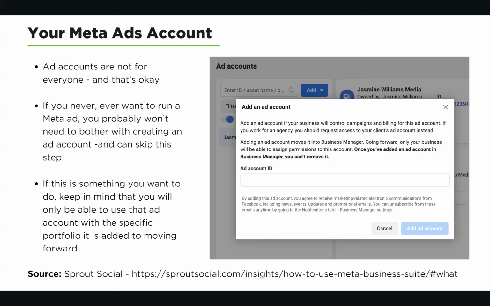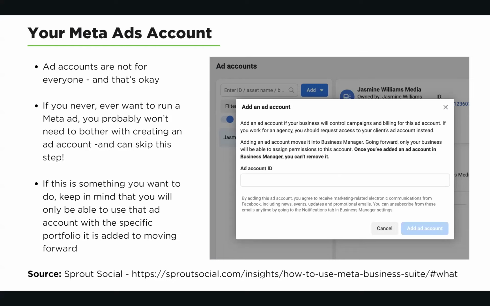It's my understanding that folks have been able to run ads before outside of a business portfolio, and maybe that's how you end up with a Meta ads ID outside of a situation like this. But just keep that in mind. Once you tie that to a business portfolio, you can't undo that.